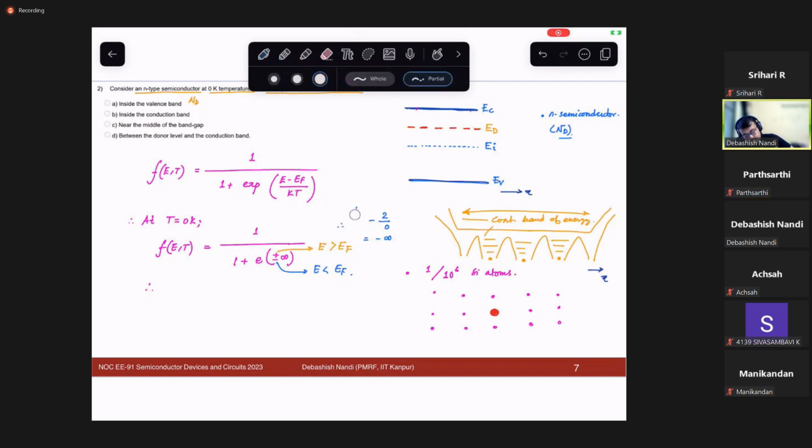So if this part is clear to you, can you tell me that for E less than EF, what will be my f of E comma T? And for E greater than EF, what will be my f of E comma T?